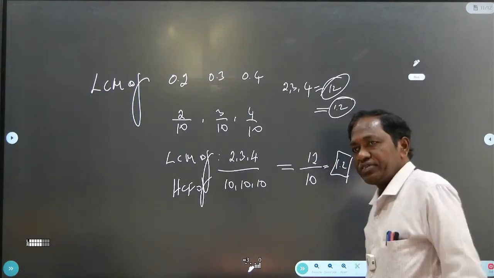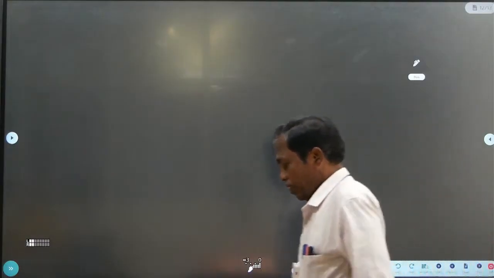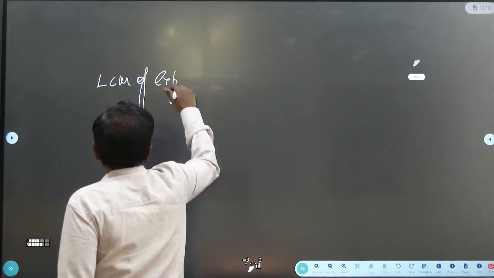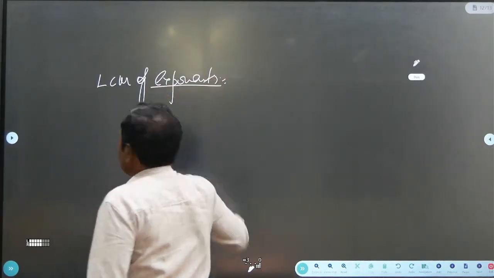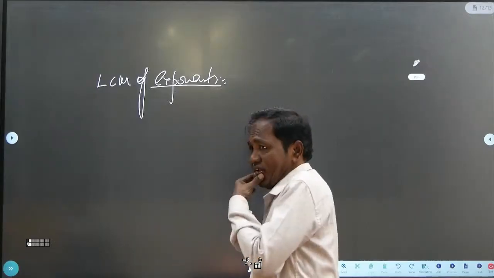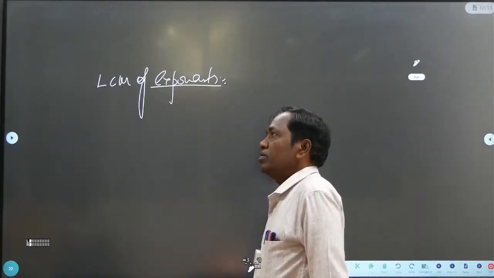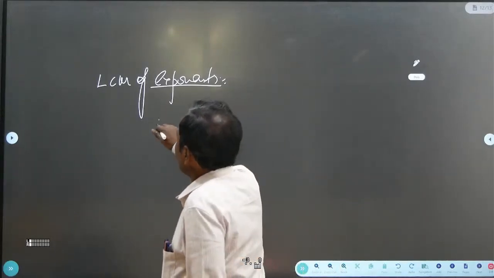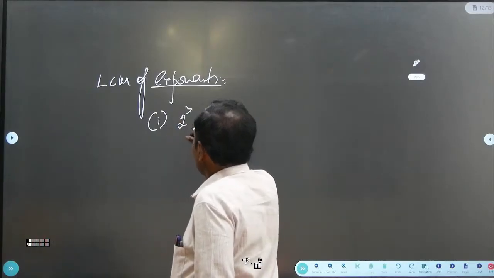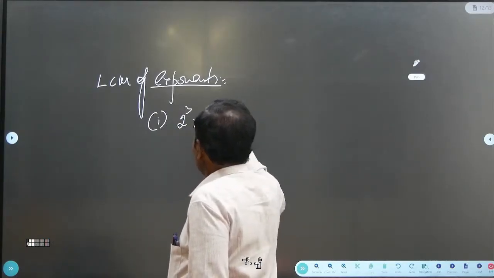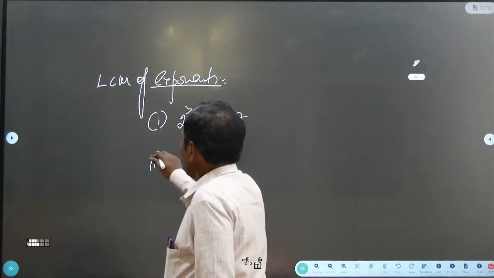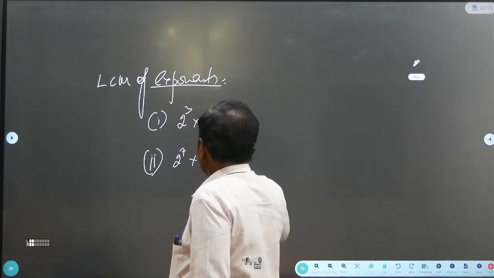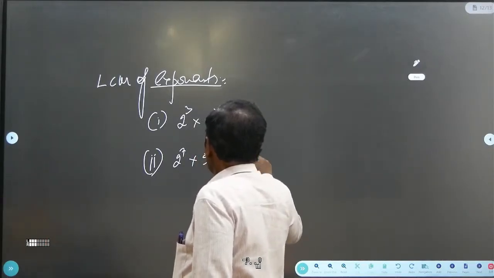Now, LCM of exponents. Take 2 cubed into 5 squared into 7, and 2 to the power of 7 into 5 into 7 cubed into 11.